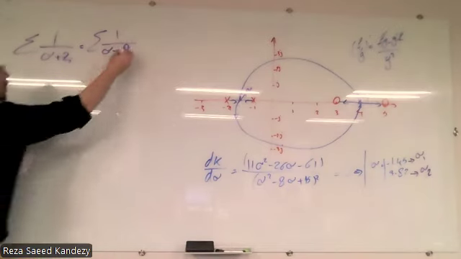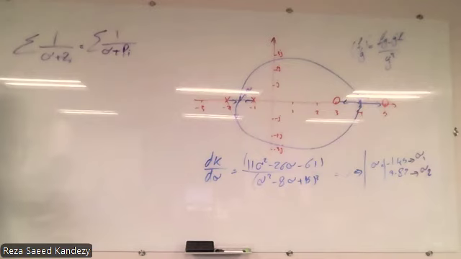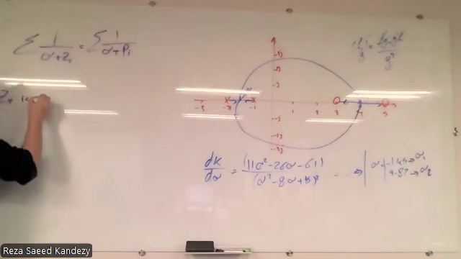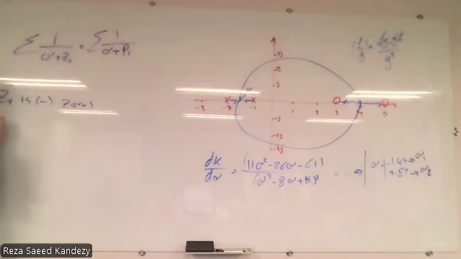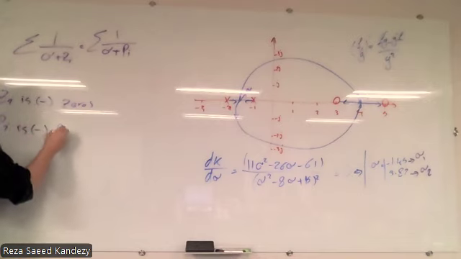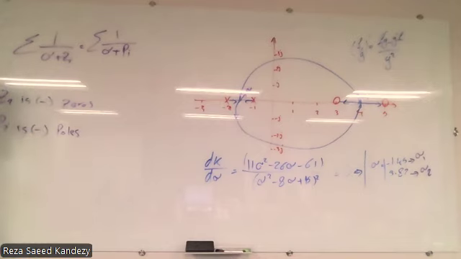Now, I want you to pay attention. Zi, this is very important. Please pay attention. Zi is minus zeros that we have. Pi is minus poles that we have.